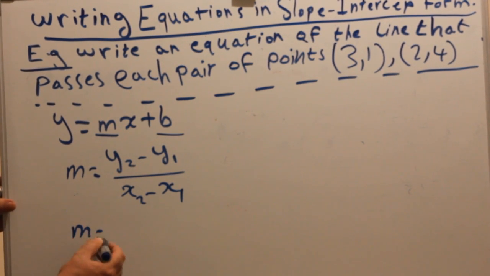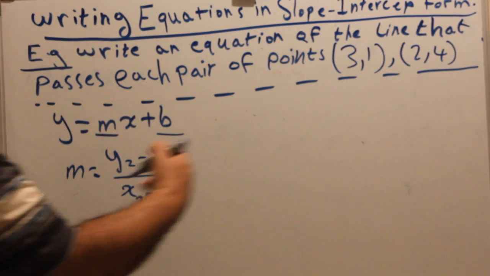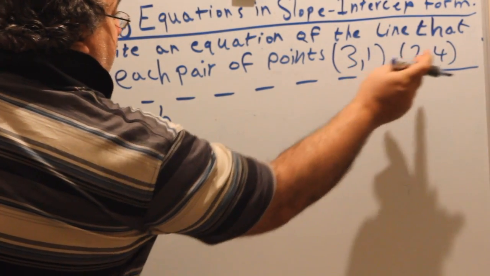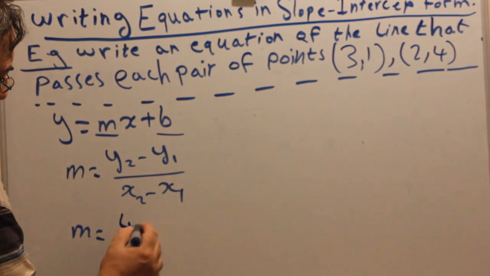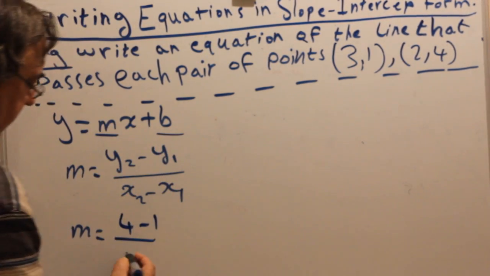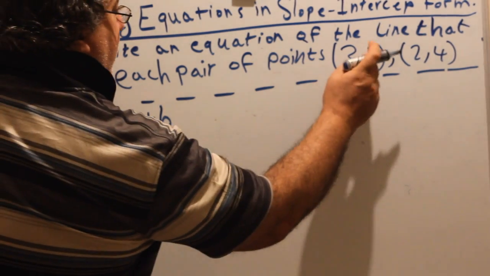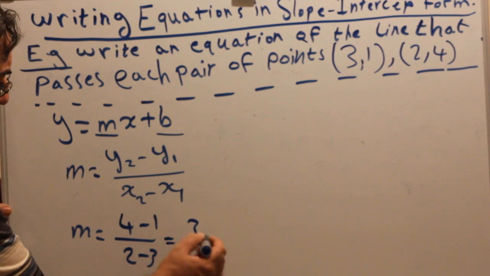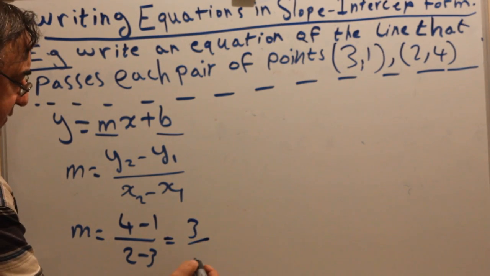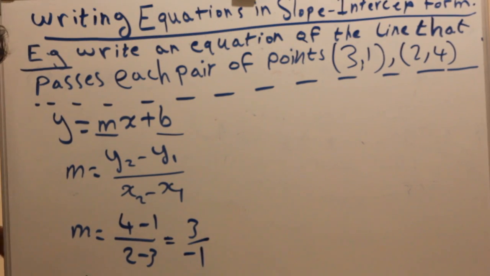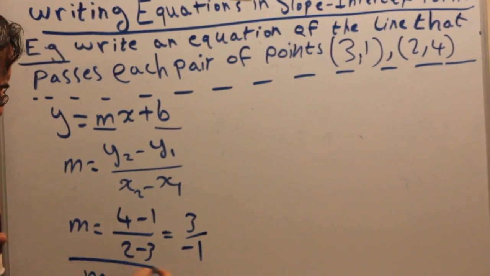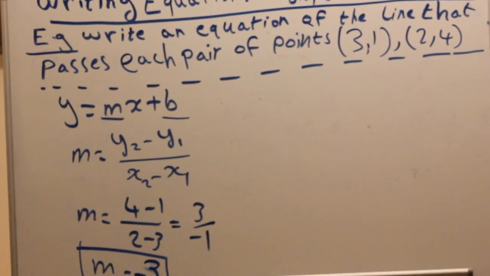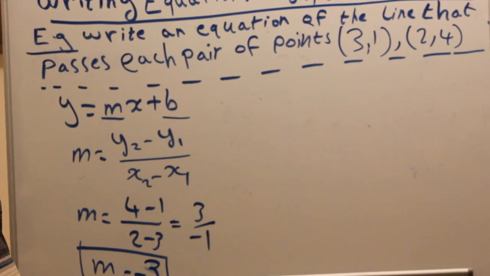So m equals 4 minus 1 over 2 minus 3. It doesn't matter if you start here, 1 minus 4 over 3 minus 2. So 4 minus 1 gives you 3, and 2 minus 3 is -1. So the m is -3, sorry.